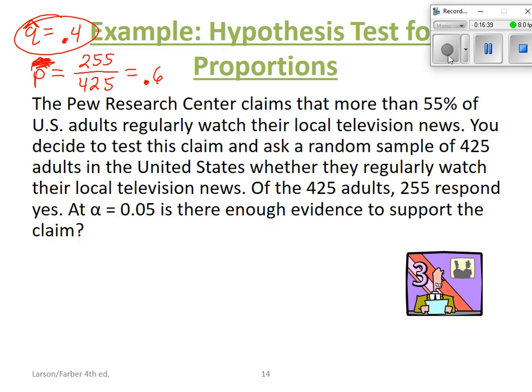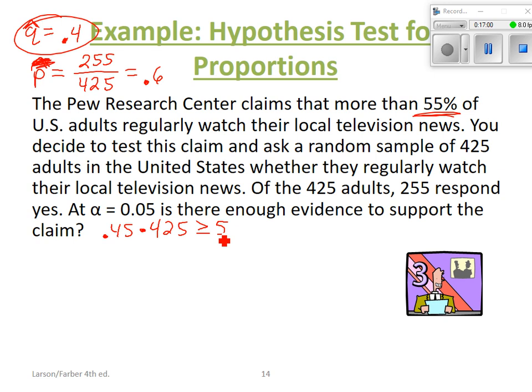We're not going to take 0.6, we're going to take their claim. Their claim was 55%, so q would be 0.45. So I'm just going to do 0.45 times our n, which was 425. And as long as that's greater than or equal to 5, then we can use this stuff.